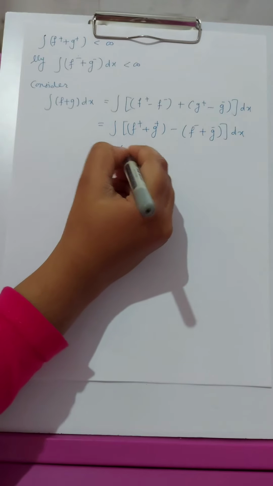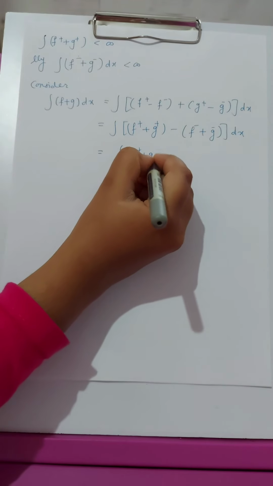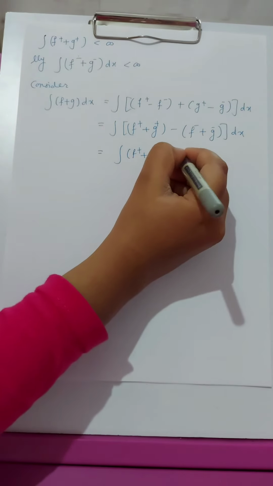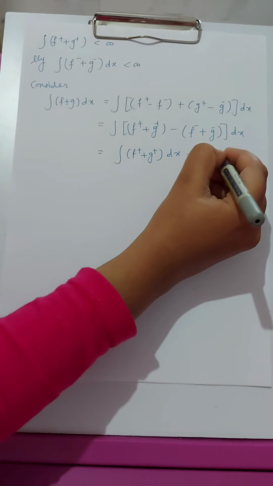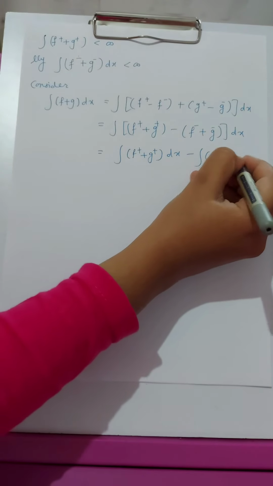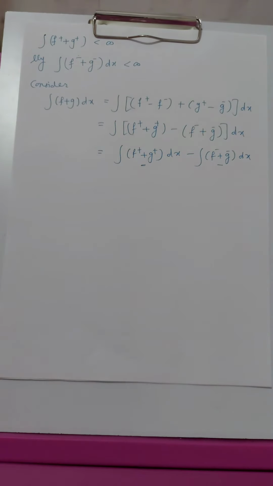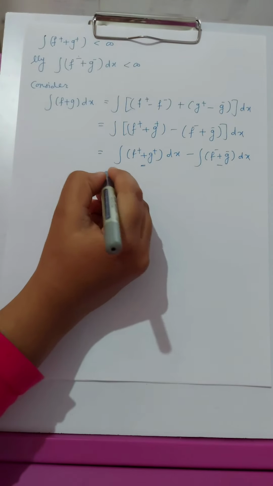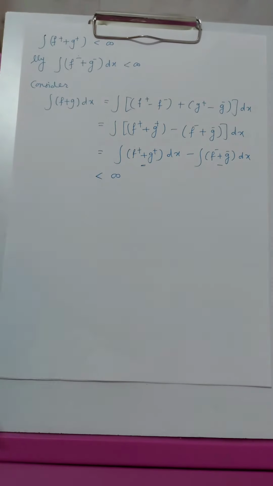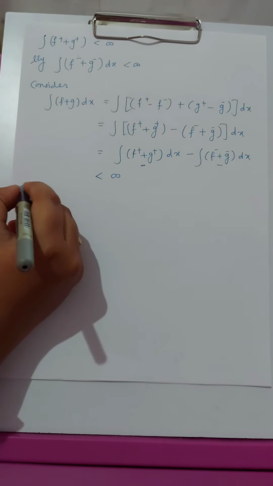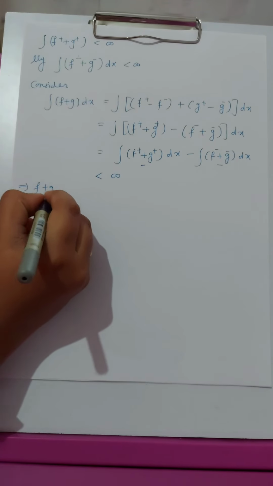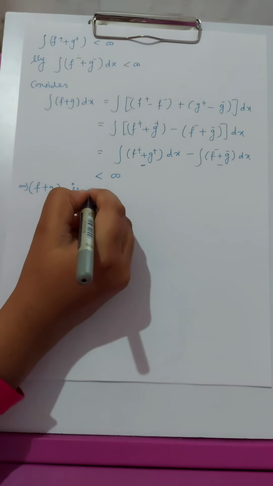So this implies the integration of f plus plus g plus dx minus the integration of f minus plus g minus dx. Since both are less than infinity, this difference is less than infinity. So by definition, this implies that f plus g is integrable.